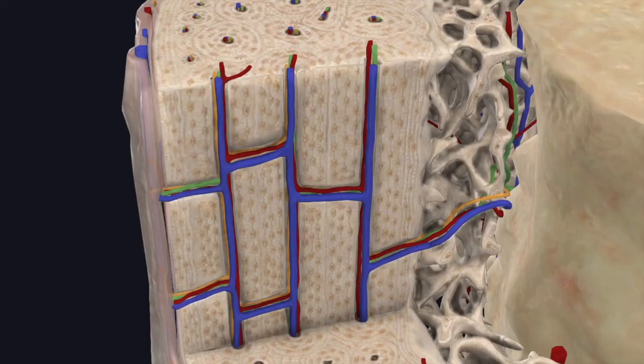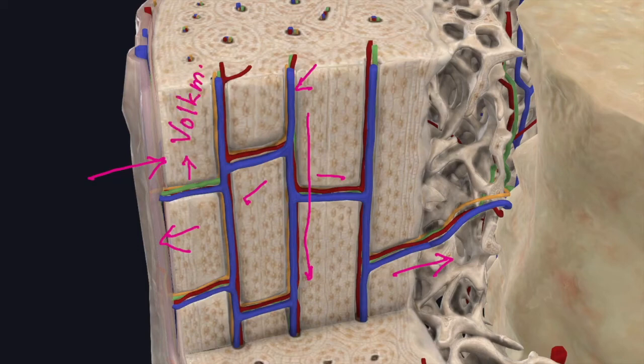When we examine a longitudinal section of the compact bone, we find that the Haversian canals run predominantly along the length of the bone. The canals branch and anastomose with each other, and they also communicate with the marrow cavity and with the external surface of the bone through channels. These channels are known as Volkmann's canals.